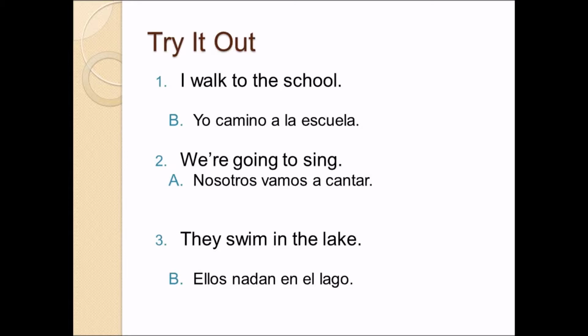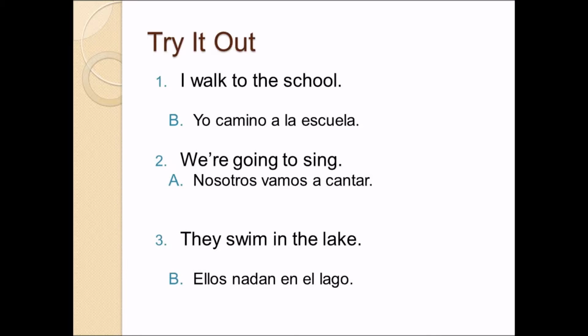And I do want to point out here, for total disclosure, that even though I've shown you a one-to-one relationship here, the yo, nosotros, and ellos, the personal pronouns, are not required in Spanish. Camino, for example, the verb is caminar, to walk.